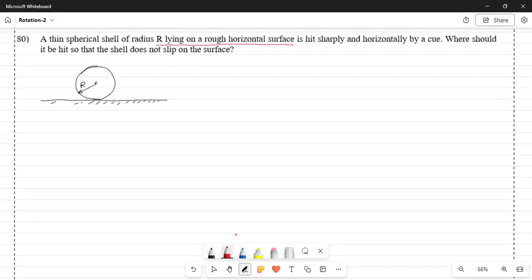And it is hit sharply and horizontally by a cue.